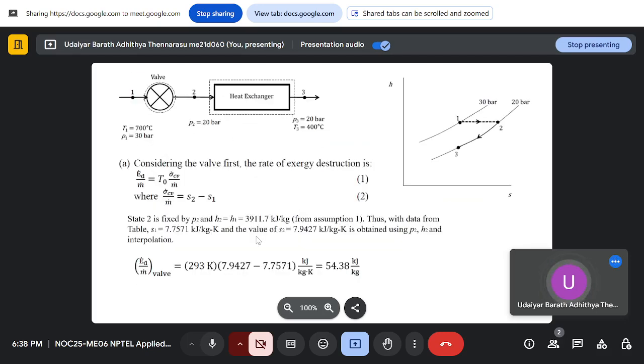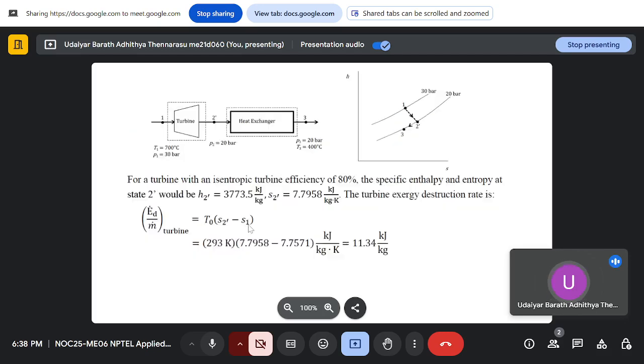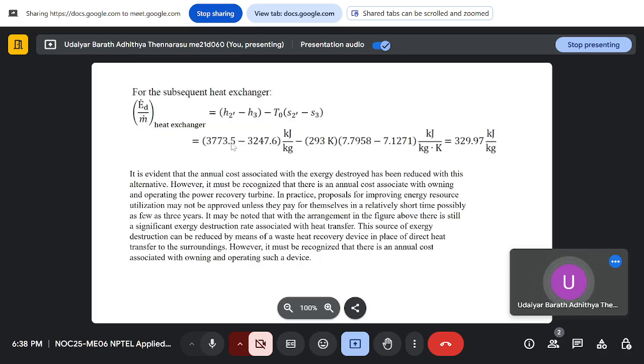Previously H2 was 3911.7, so now it has come down to 3773.5, so minus 324.76, and similarly substituting entropy values, I get exergy destruction at 329.97 kilojoule per kg.